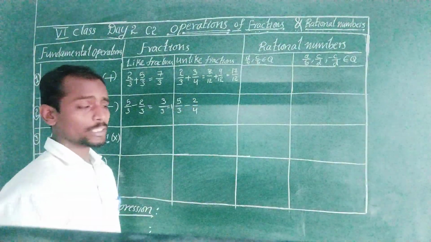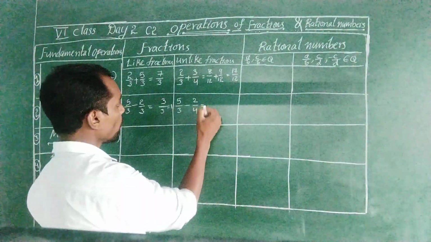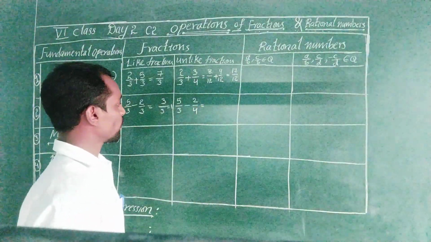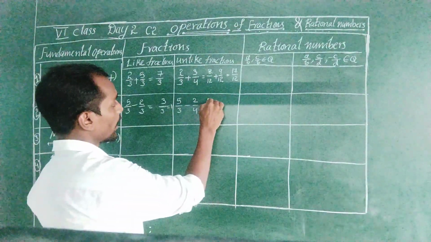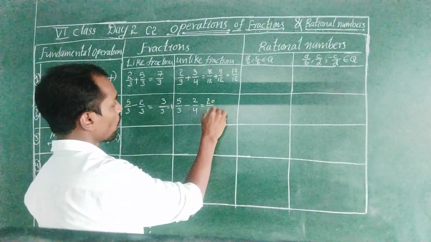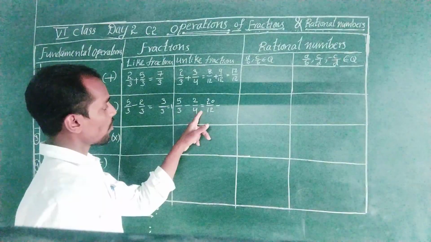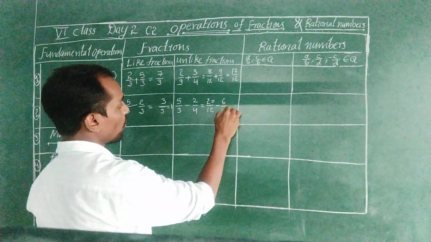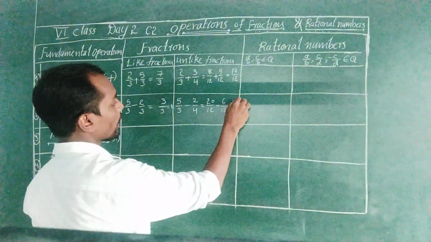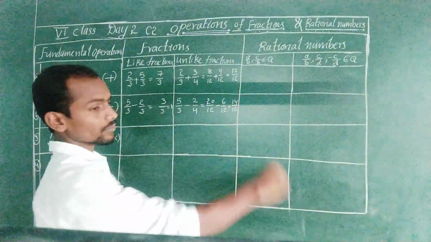Again the LCM is 12. Multiply both terms of the fraction with the suitable number. 3 fours are 12, 5 fours are 20, so 20 by 12 minus 2 3s are 6, 6 by 12, which is equal to 14 by 12.